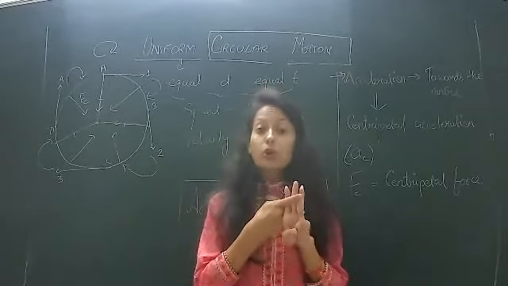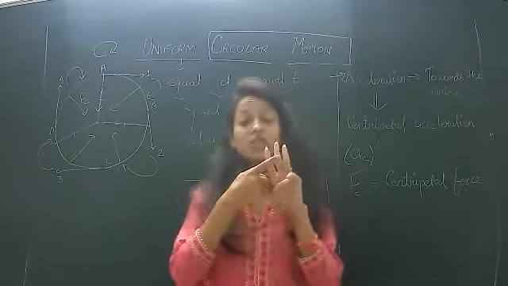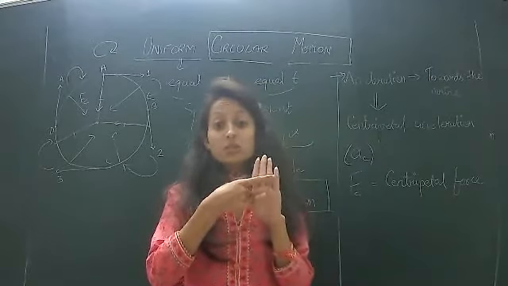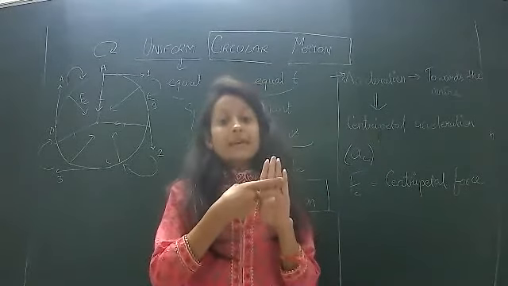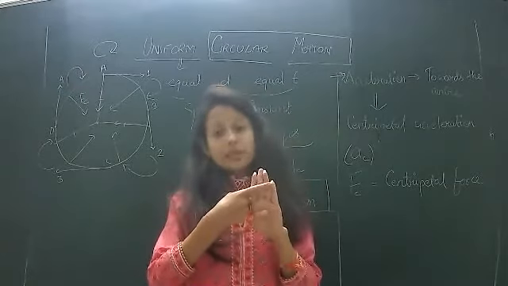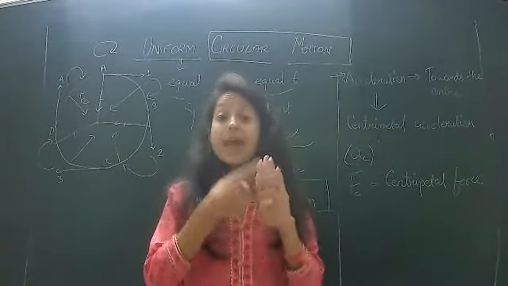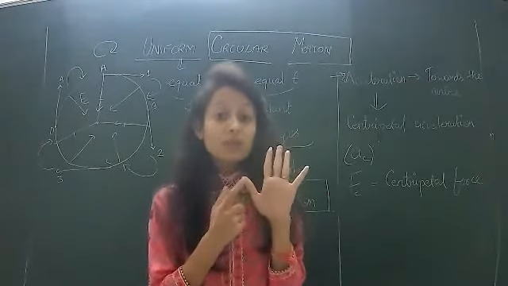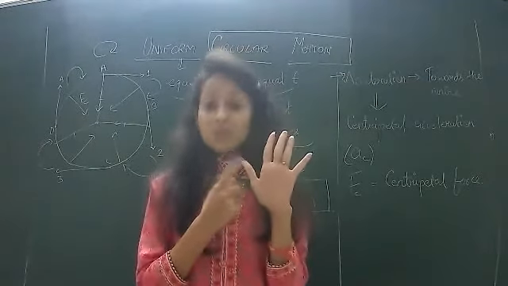Hence, the velocity of the object performing uniform circular motion is variable. Since velocity is changing, there is some acceleration produced in that object called centripetal acceleration, because that acceleration is acting towards the center, and that mass particle is being accelerated. There is some force applied on the object called centripetal force.